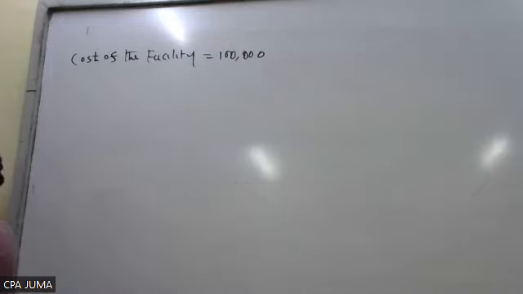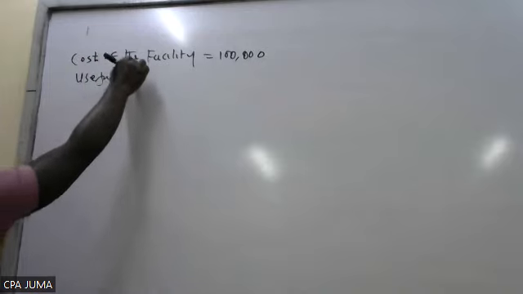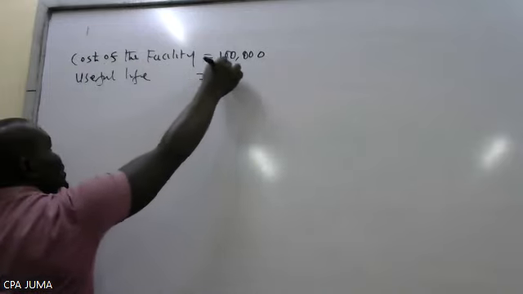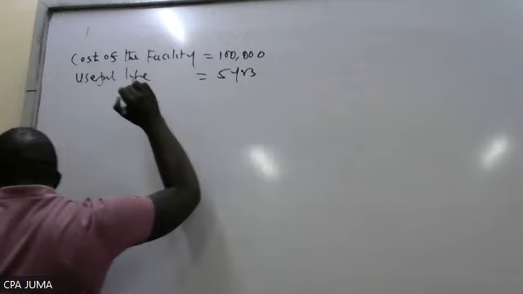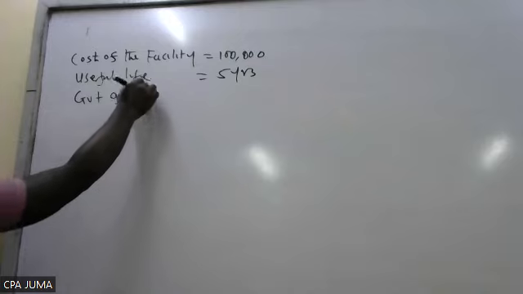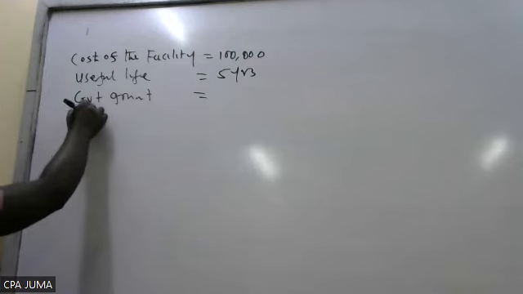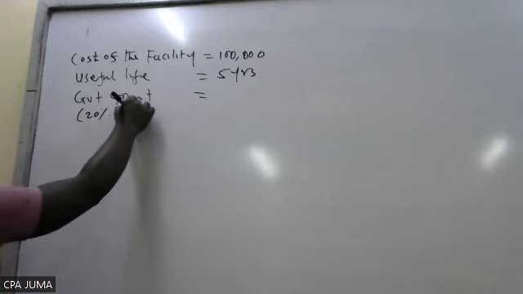Then useful life: 5 years. Then government grant, they were given a grant of what percentage? 20%, of course 20% of the value of the facility.